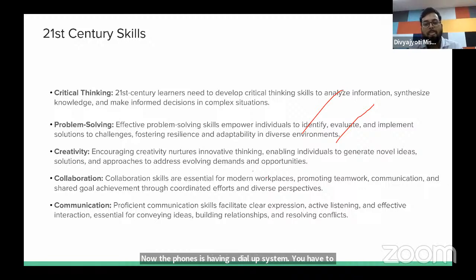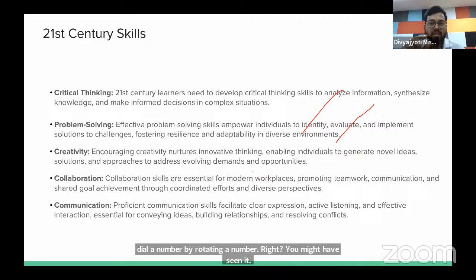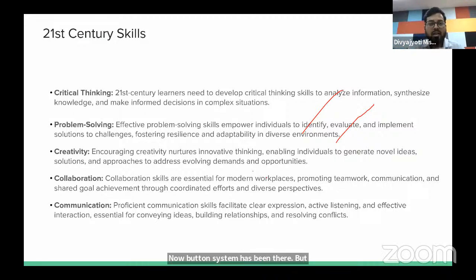You might have seen it. Then the next revolution came, the button system, but with a dial tone. Then another revolution: the wireless telephone was created, which you can use inside your home to talk to anyone. The next revolution was the mobile phone. And then Apple came and changed the whole industry. They introduced the concept of the touch screen.